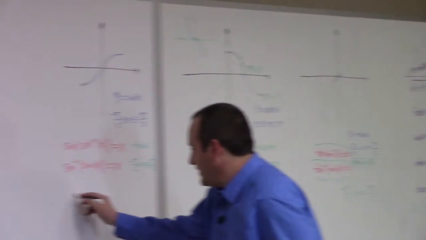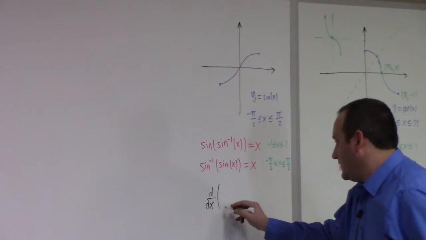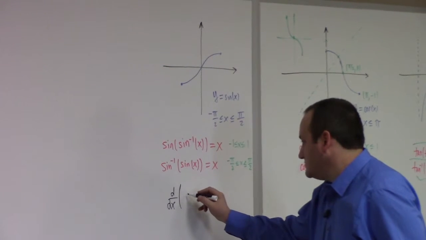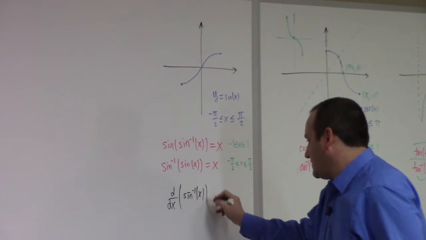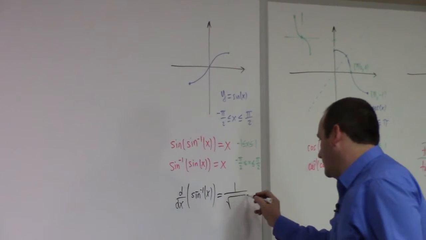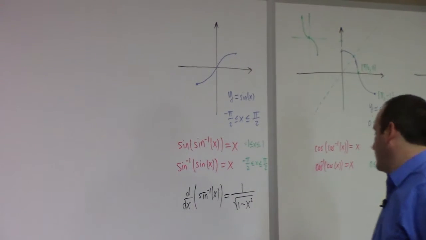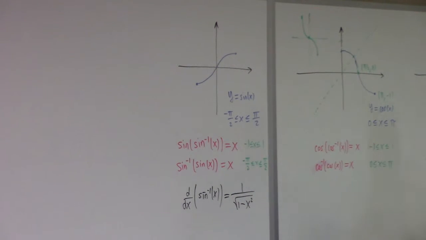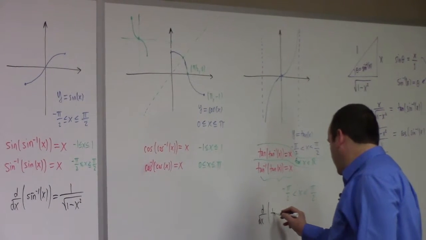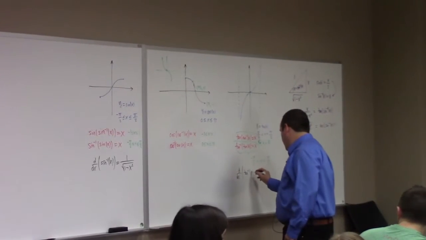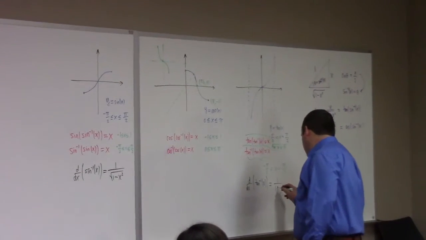We showed that d/dx of inverse sine of x is 1 over the square root of 1 minus x squared. And we also showed that d/dx of inverse tangent of x was 1 over 1 plus x squared. Those we worked out.